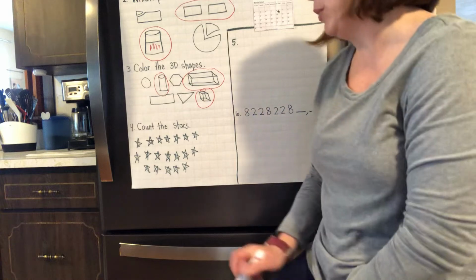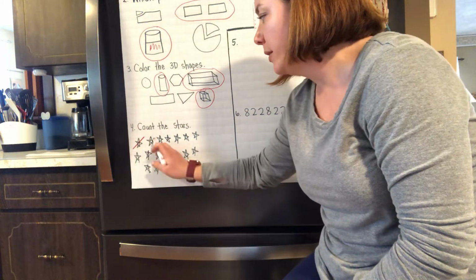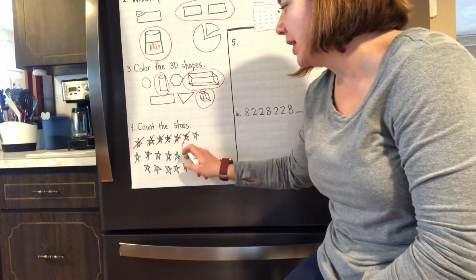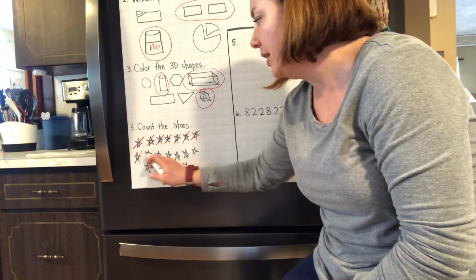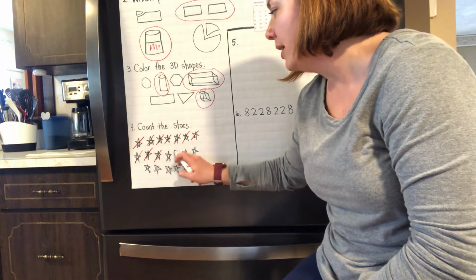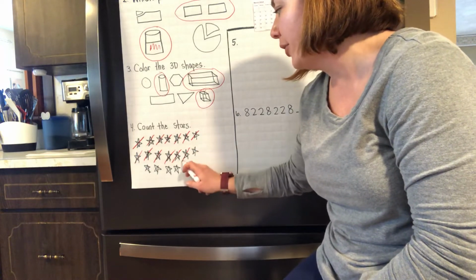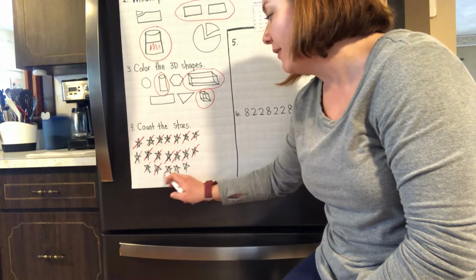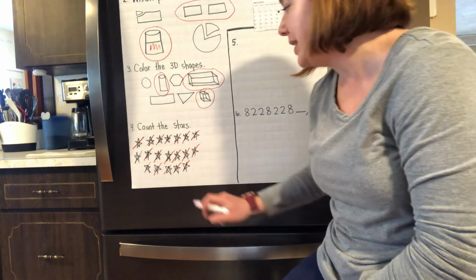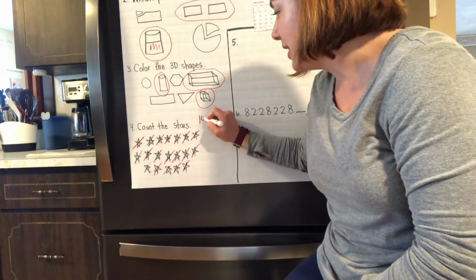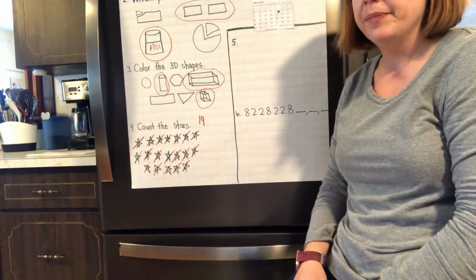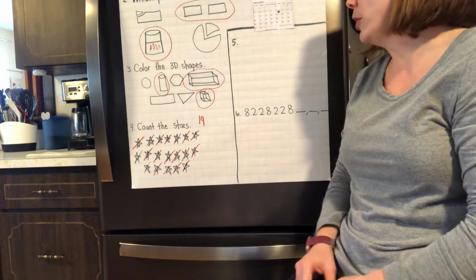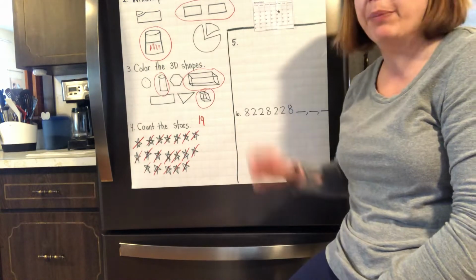All right, let's count by ones. 1, 2, 3, 4, 5, 6, 7, 8, 9, 10, 11, 12, 13, 14, 15, 16, 17, 18, 19. There are 19 stars. If you're using the paper, you can turn it over to the back. I used one big paper, so mine's on the front.